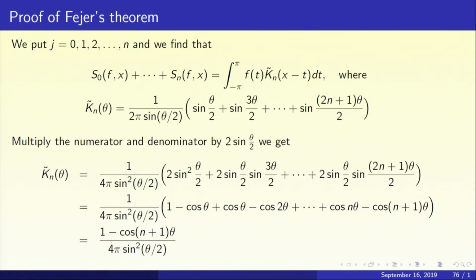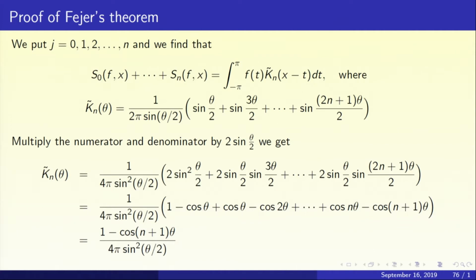So let us use that formula over here. 2 sine squared theta by 2 is of course 1 minus cos theta. 2 sine theta by 2 sine 3 theta by 2, that will be cos theta minus cos 2 theta, etc. You get a telescoping series, a lot of cancellations take place, and we are simply left with 1 minus cos of n plus 1 theta, and the denominator is 4 pi sine squared theta by 2.